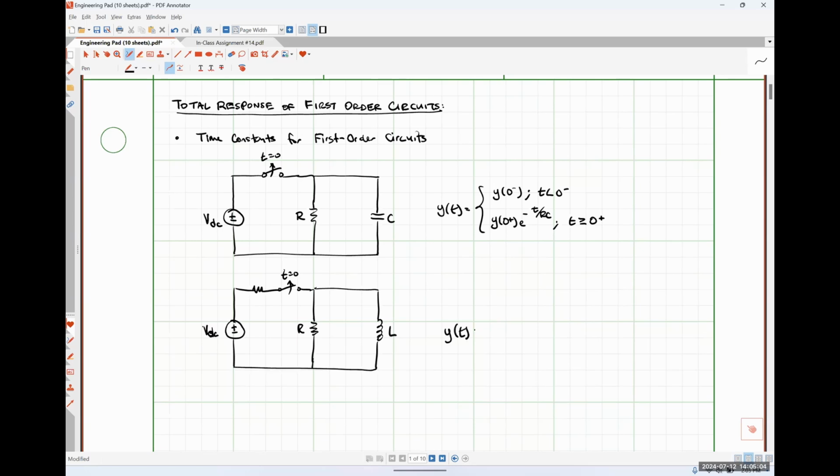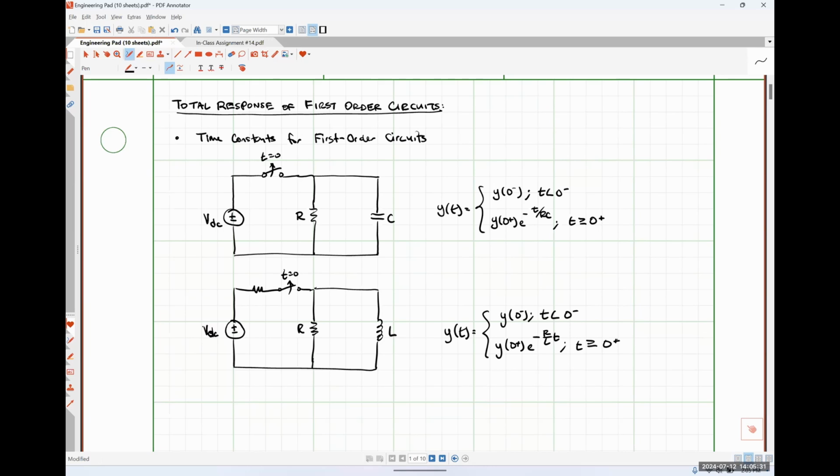Any voltage or current in the RL network could be expressed as y at 0 minus for t less than 0 minus, and y at 0 plus times e to the negative R over L times time for t greater than or equal to 0 plus.